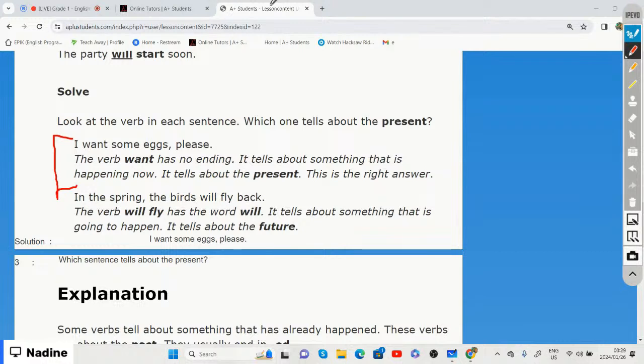And we call that the present tense. So, I want some eggs, please. That sentence is in the present. It is now.